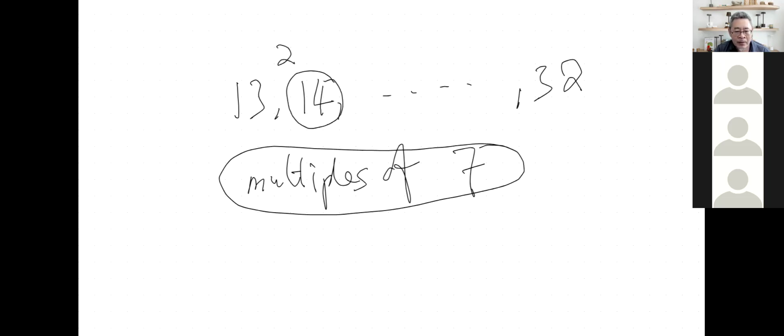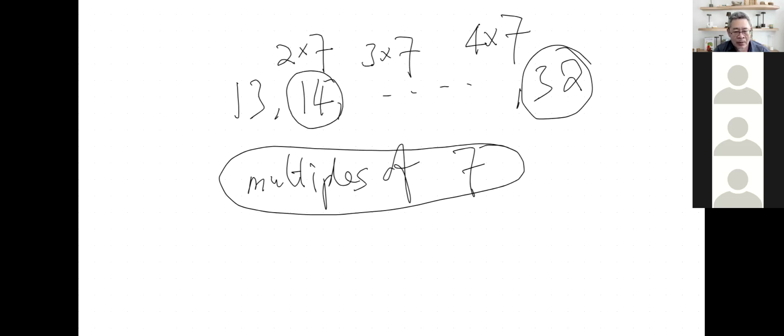And when we got to 32, the one closest to 32 is 28, which is 4 times 7. Well, this is actually pretty easy. 2 times 7, next one 3 times 7, and 4 times 7. We got 3. Or you can use the trick we did early on. 4 minus 2 is 2, plus 1 gives us 3. Okay, are we good on this one?